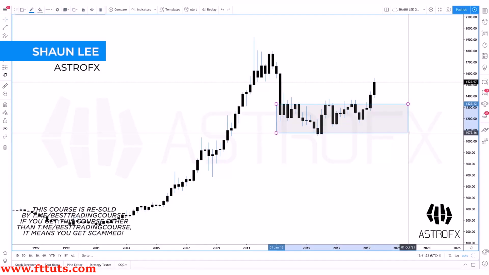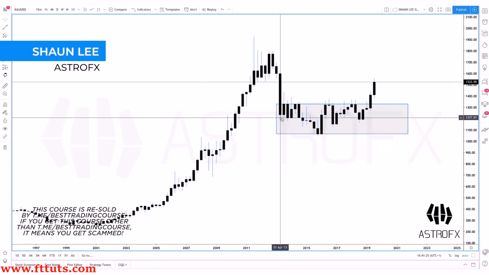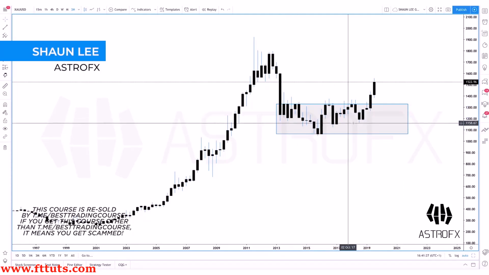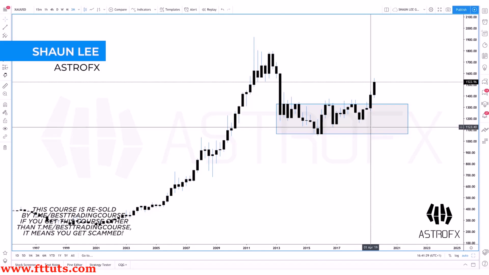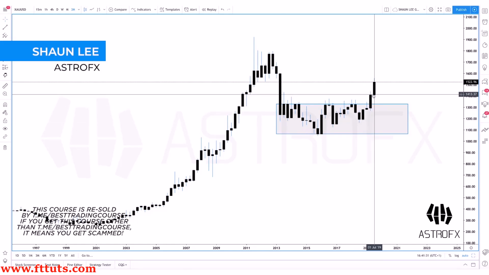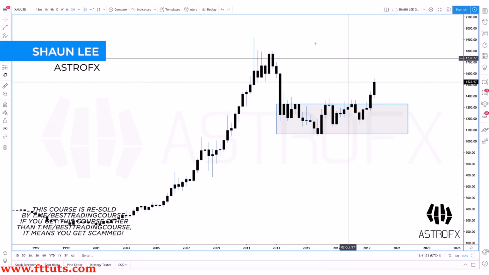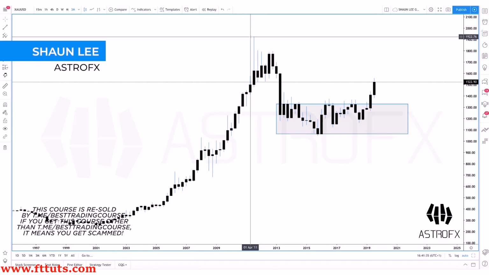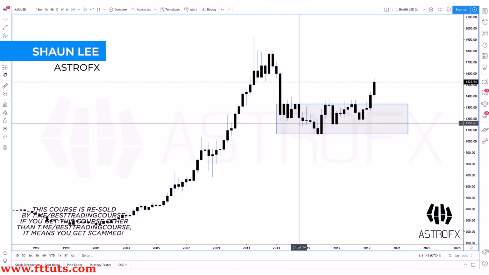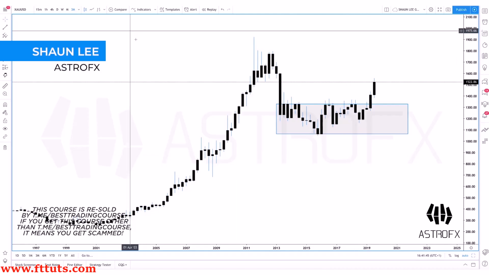You could extend it there, you could extend it there, whatever it may be. There are various depths to this range, so to speak, but boom, breakout, continuation. Gold's looking to take out new highs. Look at that. More or less 2K on gold soon. So bullish structure, bullish territory. After this pullback, we're in there for what, 1 or 2 years?